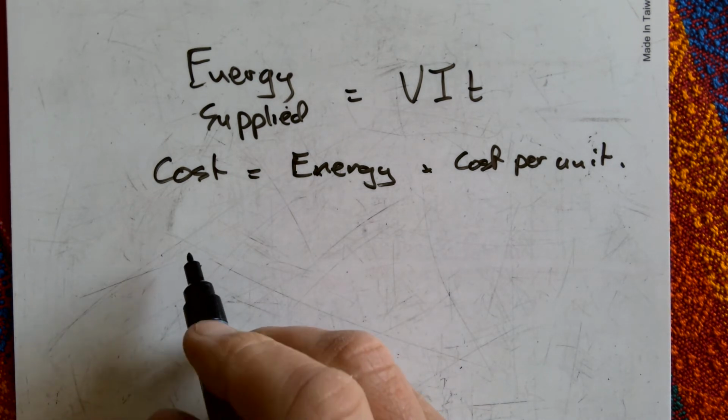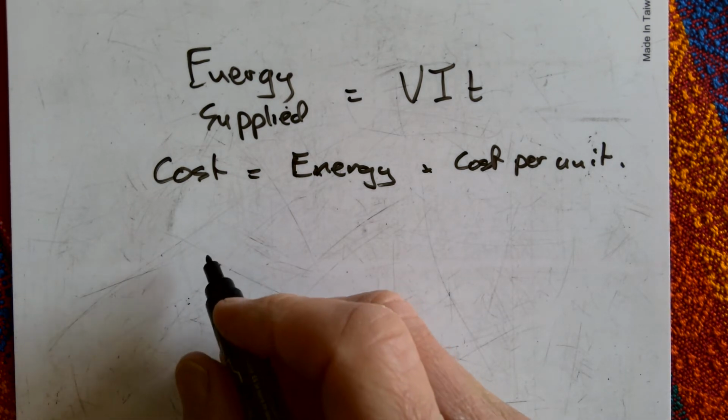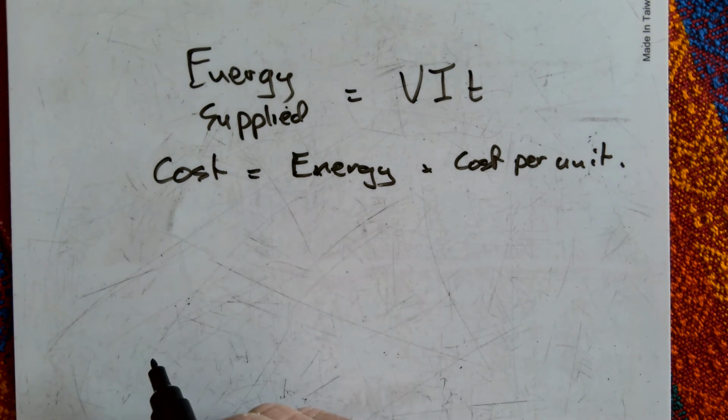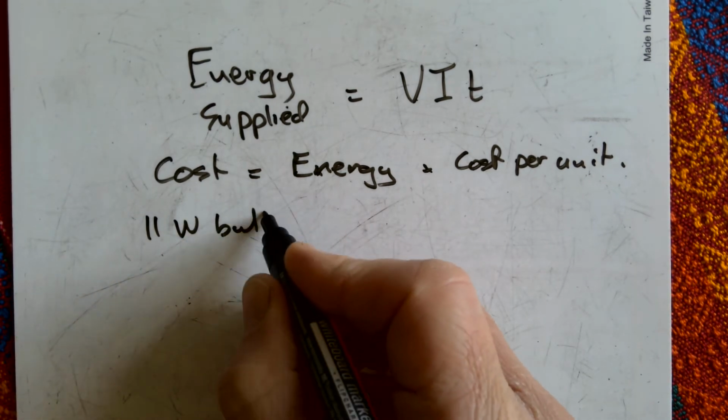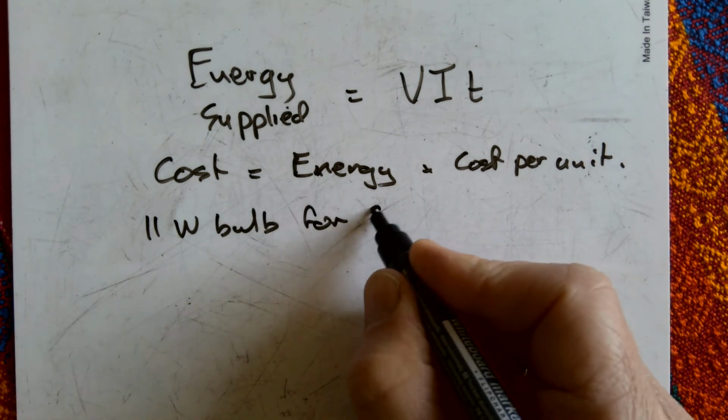So it's all coming out as light instead. Well, how long do you leave your lights on for? Let's say 5 hours. Obviously more in winter, less in summer and so on. So an 11-watt bulb for 5 hours.